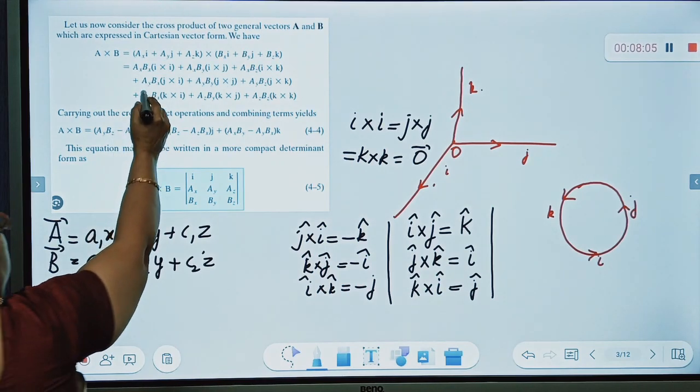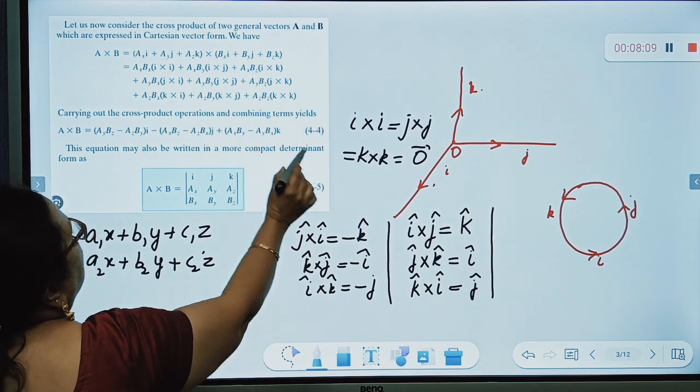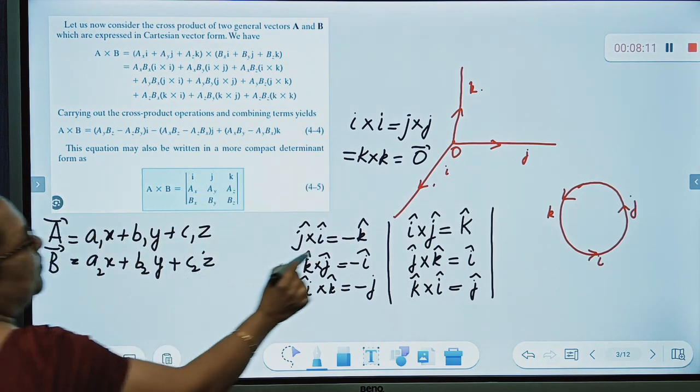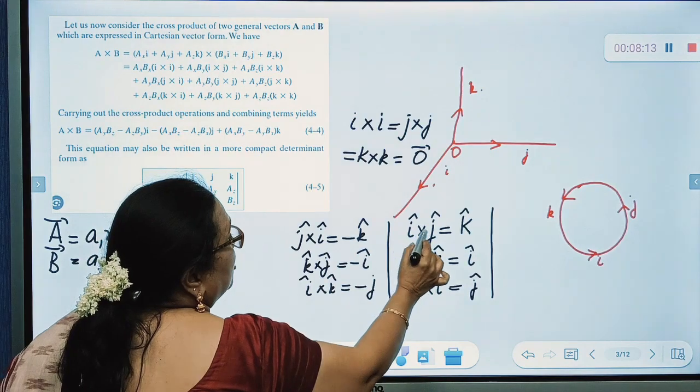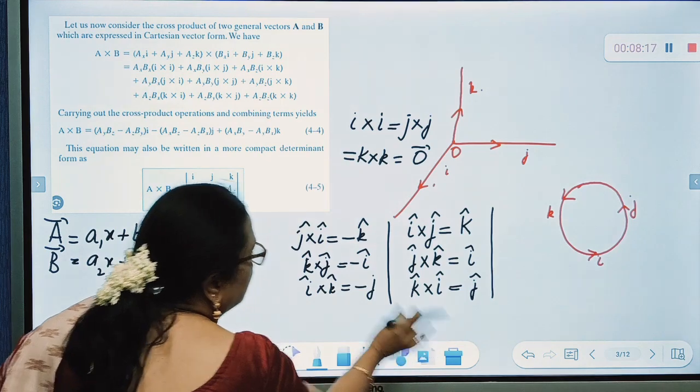So if I substitute, replace i cross i, j cross j, k cross k as 0 vector, and replace i cross j as k and j cross i as minus k, use this.